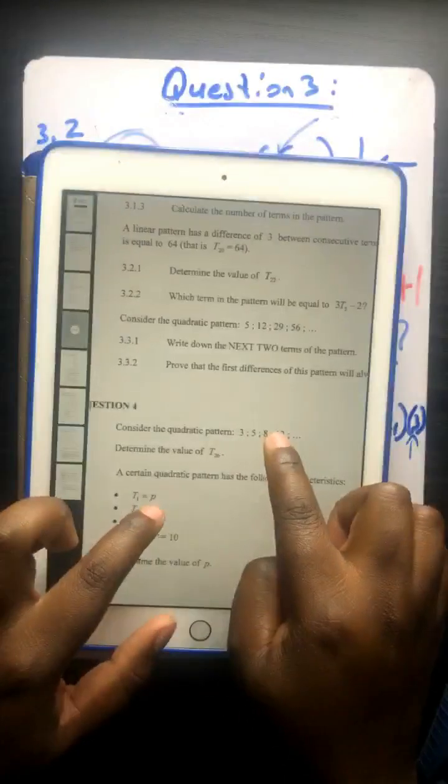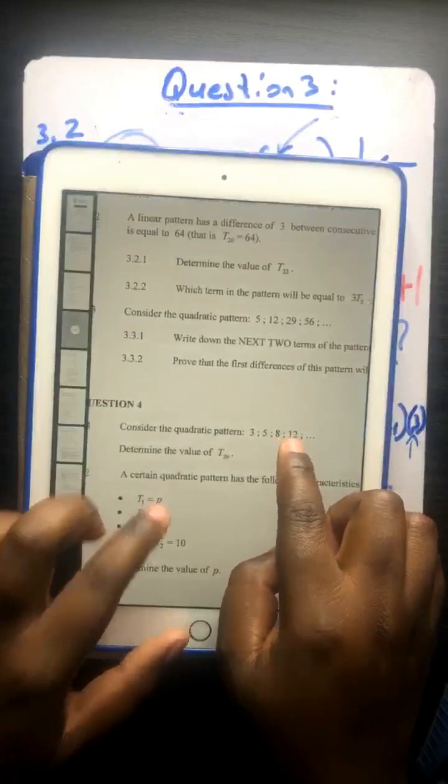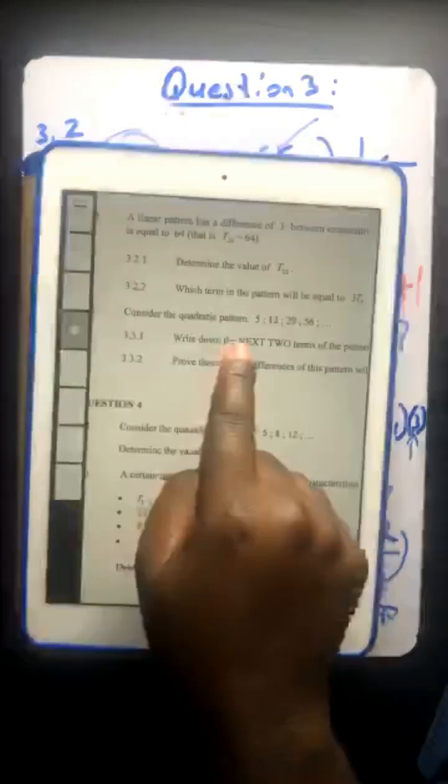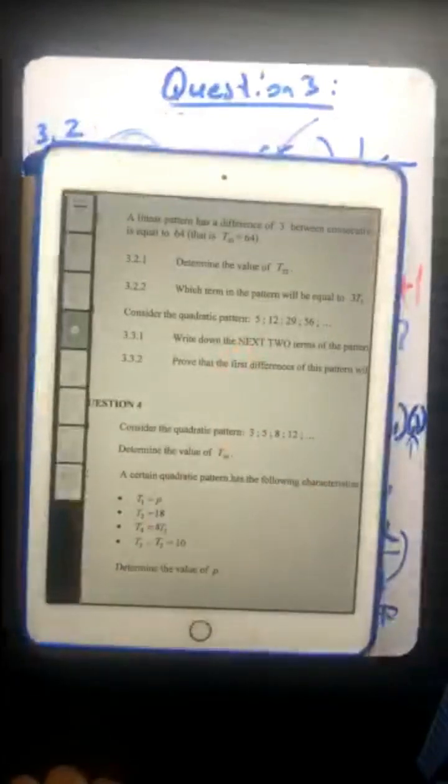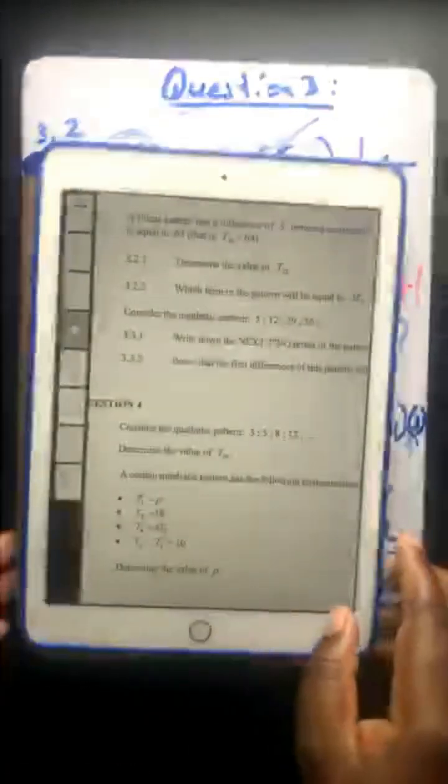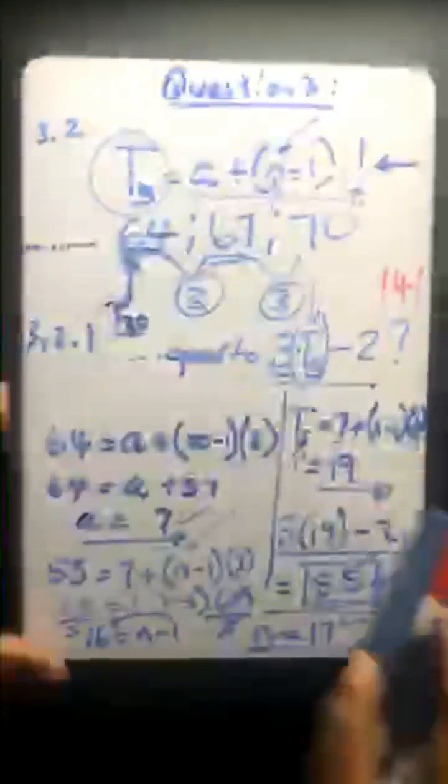Here we have a question which says, consider the quadratic number pattern. This one I will leave for tomorrow. This is an independent question, so they won't be asking anything based on that. I'll just remove all of that.